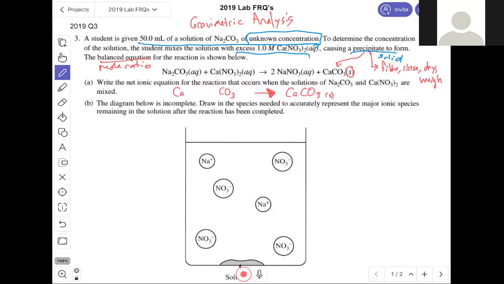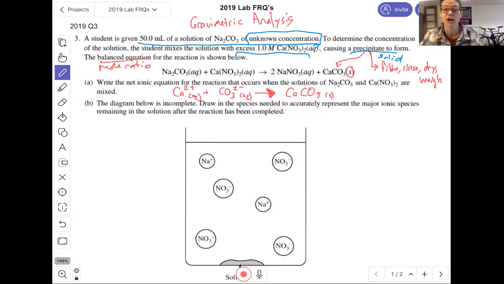Ca is 2 plus. So CO3 is? 2 minus. Yes, 2 minus. So net ionic equations are not correct if they don't have the charges. They don't care as much about putting the AQ symbols in.